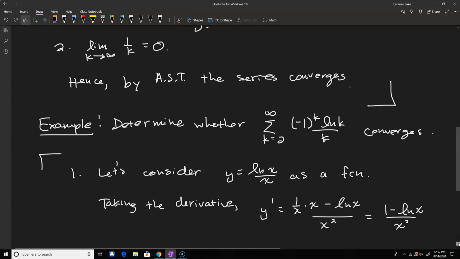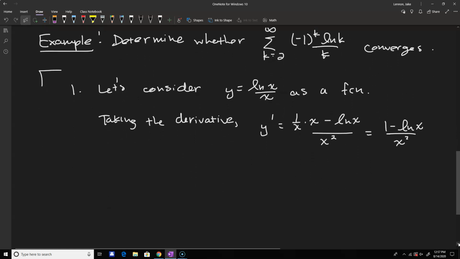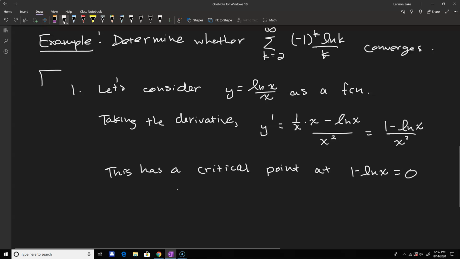Okay, so where is that going to be equal to 0? So let's just set up our test value region. Let's just do it the old-fashioned way. Let's say this has a critical point at 1 minus the natural log of x equals 0.